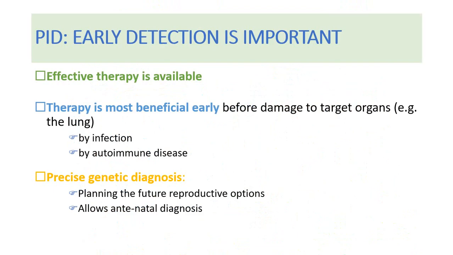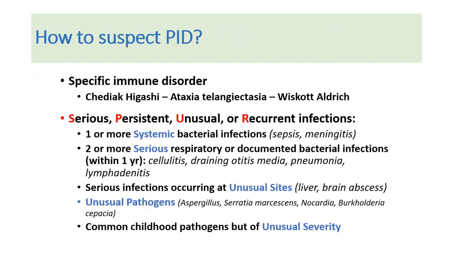Early detection of primary immune deficiency is important because effective therapy is available, because therapy is most beneficial when instituted early before the occurrence of organ damage, and because early detection and precise genetic diagnosis will help the family to plan for future reproductive options and allow for prenatal diagnosis.